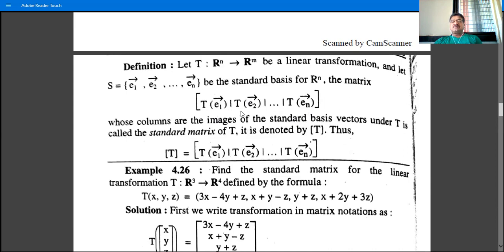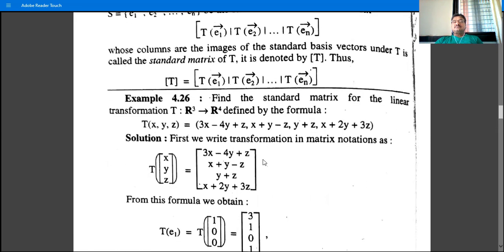This matrix is called the standard matrix of T, or we can say that T is a multiplication by this matrix A. So we say that T is a multiplication by the matrix A, or that this matrix is the standard matrix for T, and is denoted by this notation, [T] in square brackets.